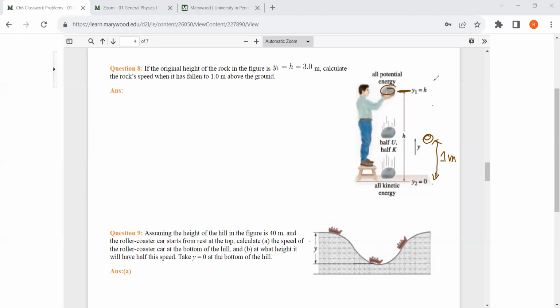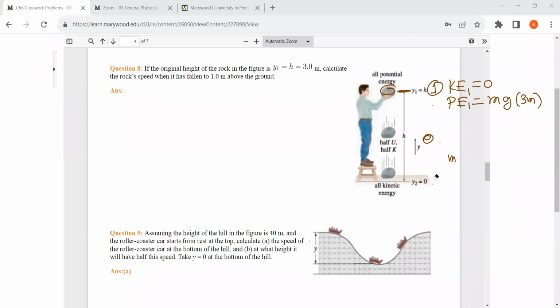So at this point, let me call it position 1, the kinetic energy is equal to 0. The potential energy will be mg times 3 meter, so whatever its mass times the gravitational acceleration times the height.